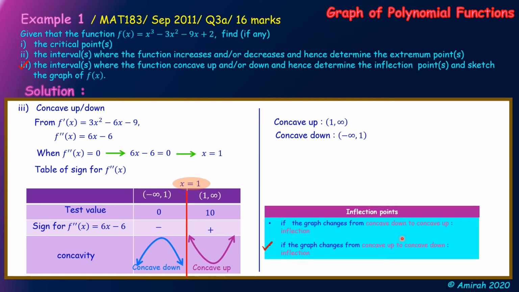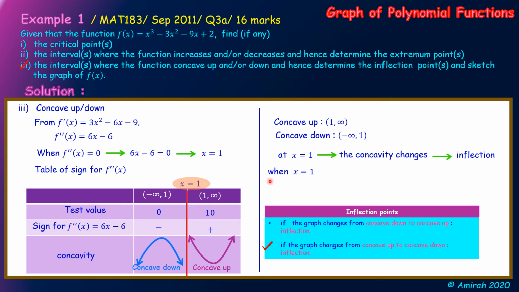If the graph changes from concave up to concave down, we have an inflection point, or if it changes from concave down to concave up, we also get an inflection point. So at x equals 1 the concavity changes, so there is an inflection point.